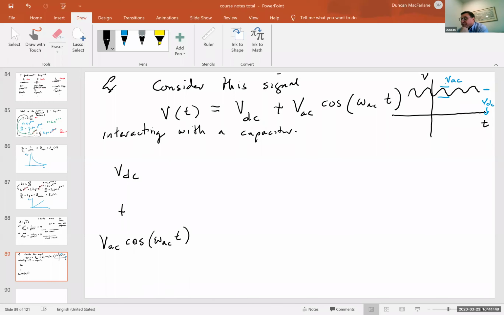Okay, so for the DC case, this goes to an open circuit, and if this is the input, and this is the output, nothing gets through because the capacitor blocks DC.